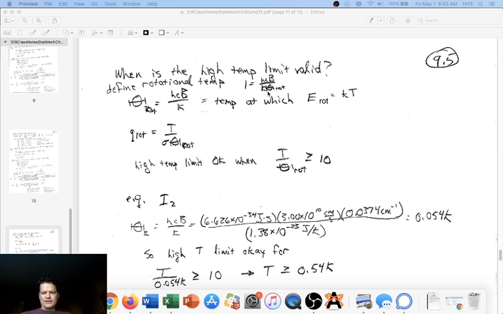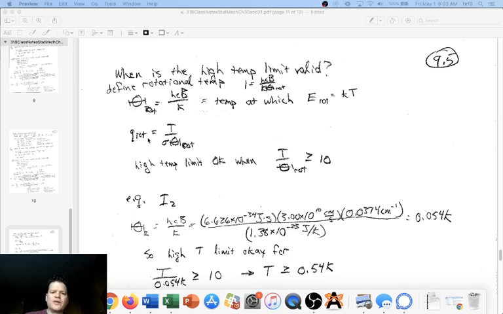I'm going to replace the T with a capital theta, and we'll call that our rotational temperature. So this is just a definition. Solving for the temperature, theta in this case, the temperature of rotation, is hcB over k. This is the temperature at which the energy of rotation is about the same as the thermal energy in the room, so kT.